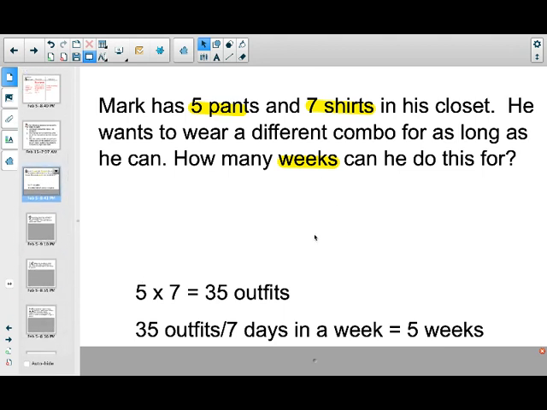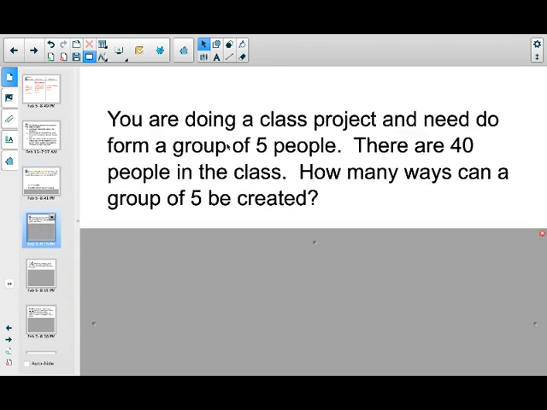Again, if you want to pause on a certain problem, feel free to do so. I'm going to move to the next one. You are doing a class project and need to form a group of 5 people. There are 40 people in class. How many ways can a group be created?